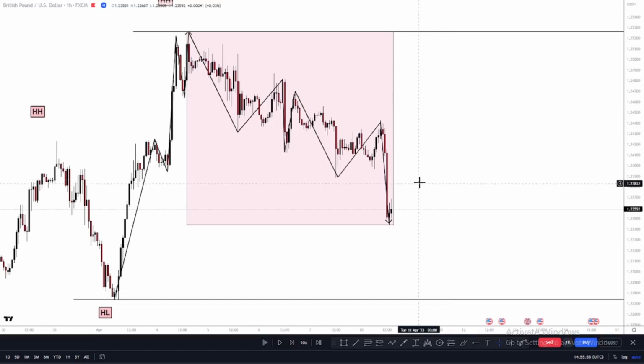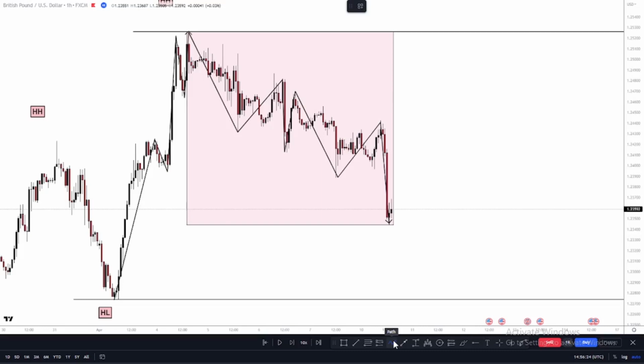Do I just take my buy here because I'm the market maker? No, I don't. I wait for a correlation of the H4 and the H1 market structure. So all I do is wait for the H1 market structure to also turn bullish.